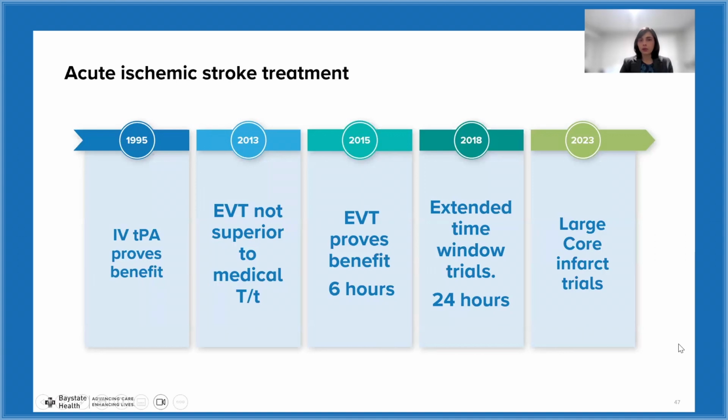In 2018, we extended that time window to 24 hours from symptom onset. And today we are looking at large core infarct trials. So you can just see over this past decade, compared to 2015, where we were not offering treatment to patients presenting past 6 hours, today we can offer treatment to patients who are within 24 hours and potentially even have a larger stroke on CT.